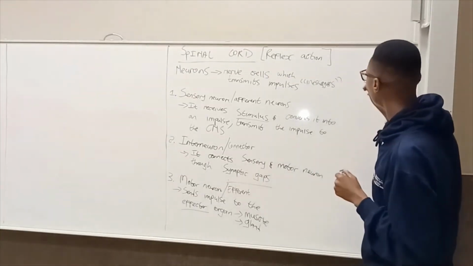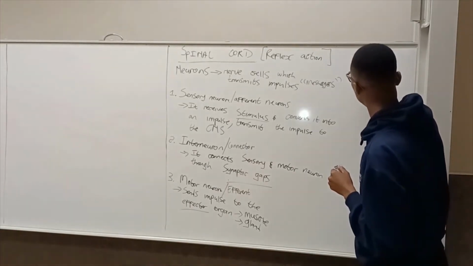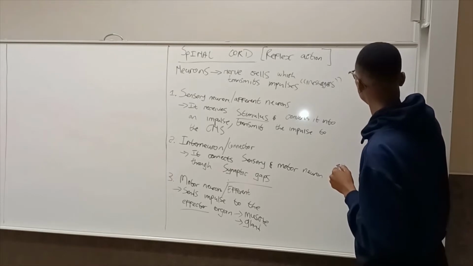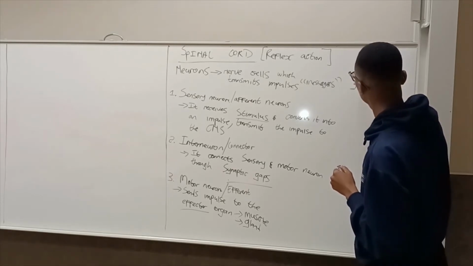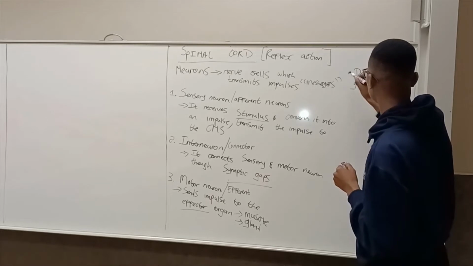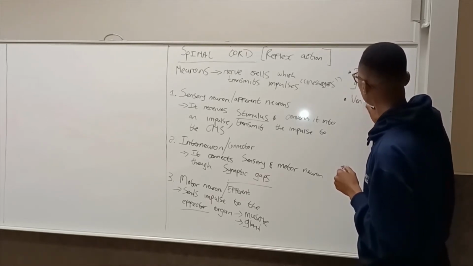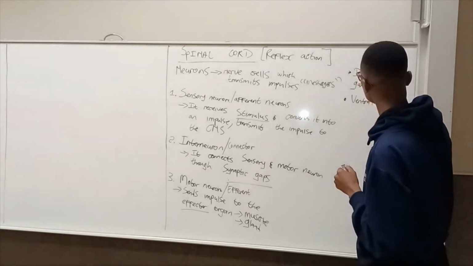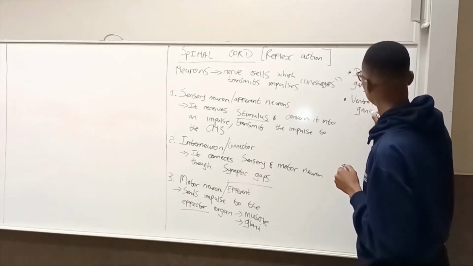In the spinal cord we have what we call the dorsal root ganglion, and then we also have the ventral root ganglion.